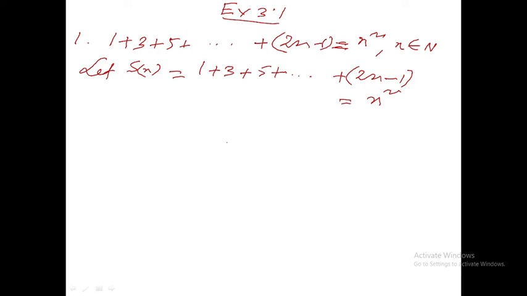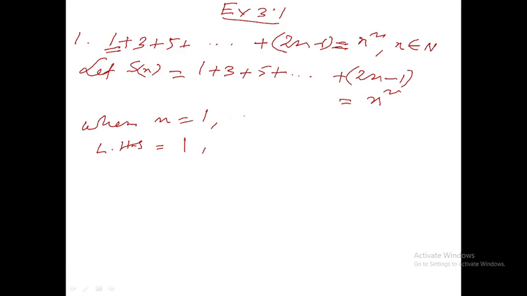Okay, when n equals 1, left hand side equals what? In the left hand side, only 1 will be left here. When you take n equals 1, you will have only this 1. So left hand side will be equal to 1.